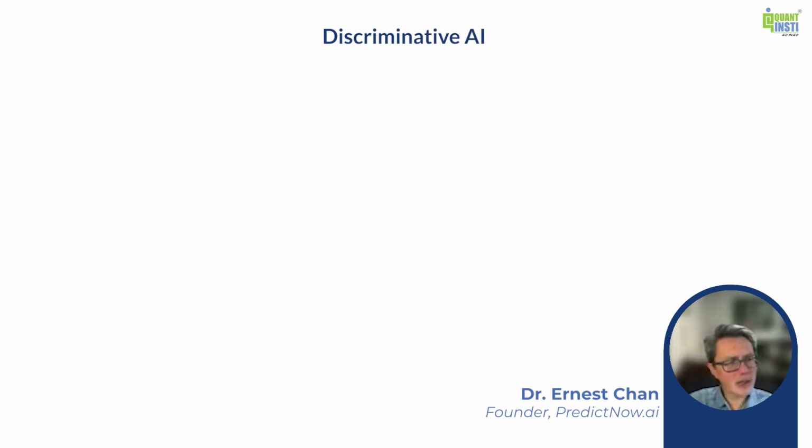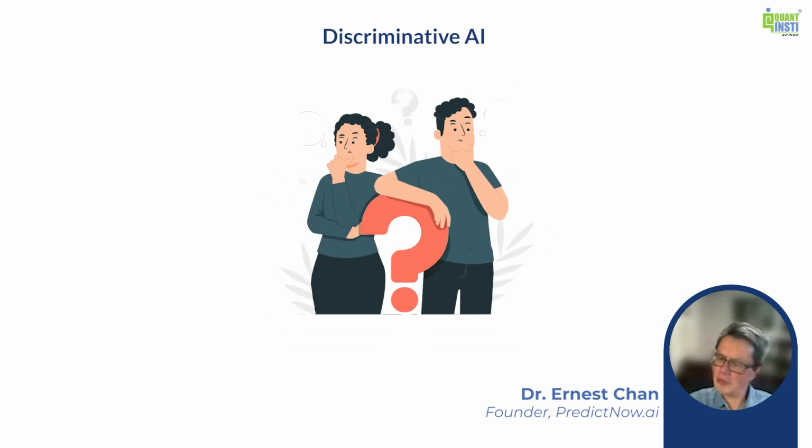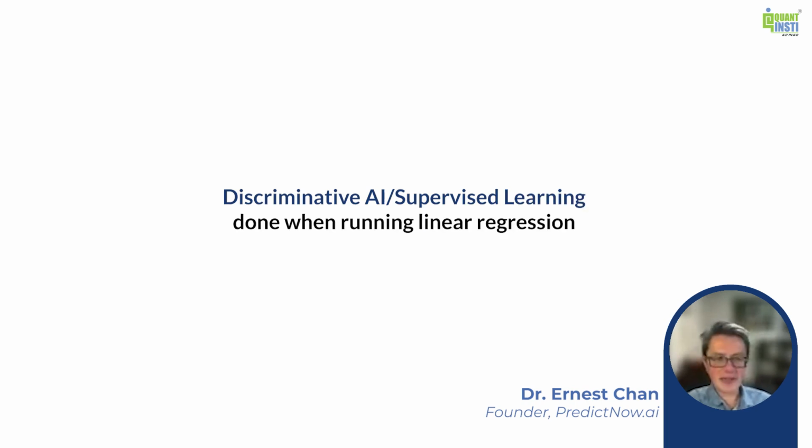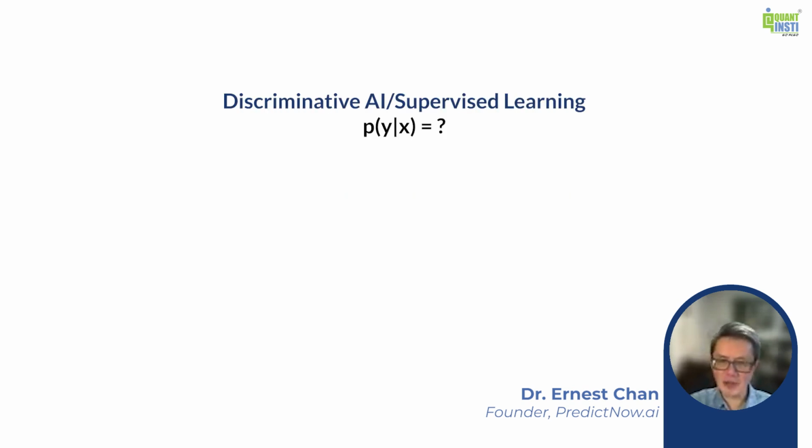What is GenAI versus discriminative AI? Well, what is discriminative anyway? Discriminative AI, or another term for it, supervised learning, is something that we all do. Whenever you run a linear regression, that's discriminative AI or supervised learning. In probabilistic terms, it is to say, what is the probability that you will get a certain outcome Y?